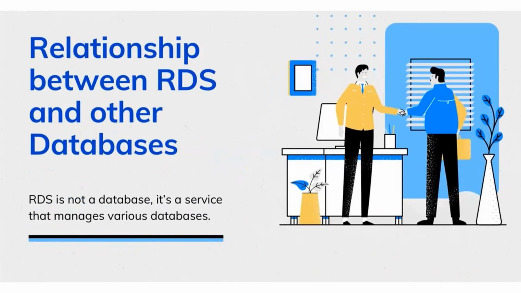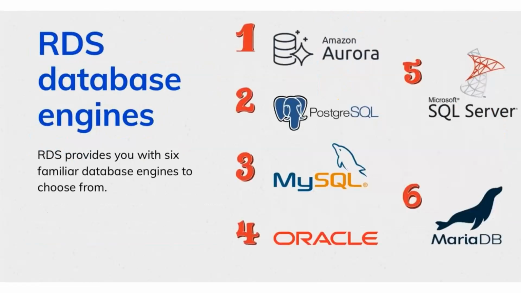RDS is not a database; it's a service that manages various databases, which means it is not just a single database like Aurora, MySQL, or Oracle. If we would like to use any of these databases on the cloud, then RDS acts like a bridge or an interface, which allows us to use these 6 kinds of databases, which are generally the most popular.